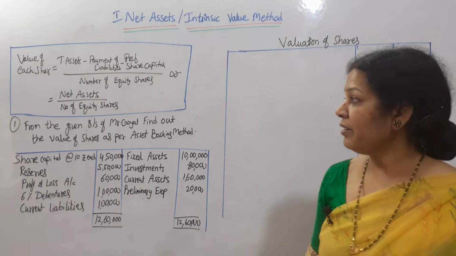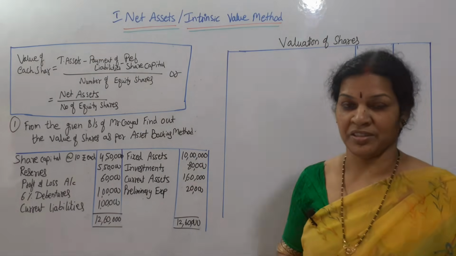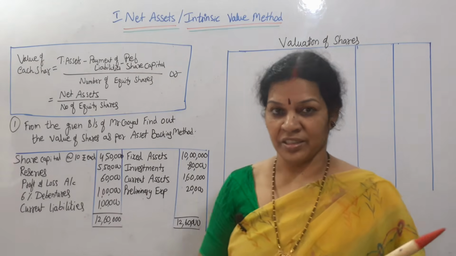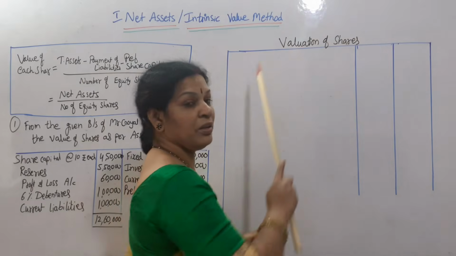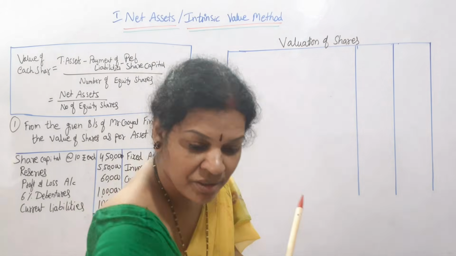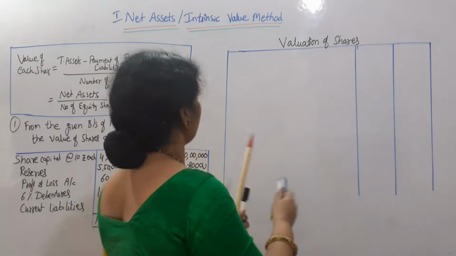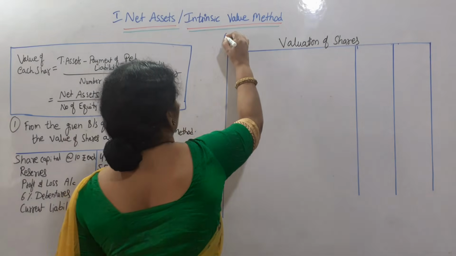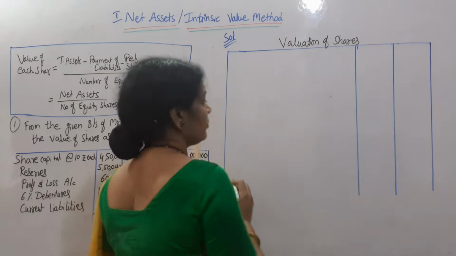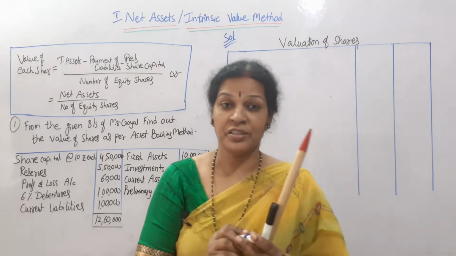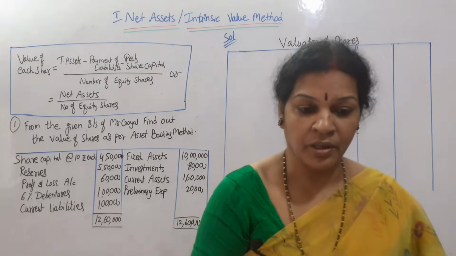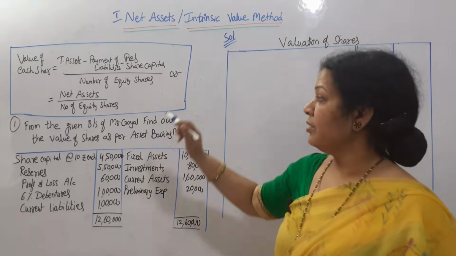What do we need to prepare? First of all, we have to get the net assets. To get the net assets, we prepare the valuation of shares. First we'll say solution. For valuation of shares, we have to get the net assets. How do we get the net assets?